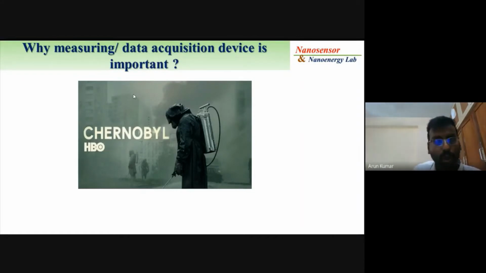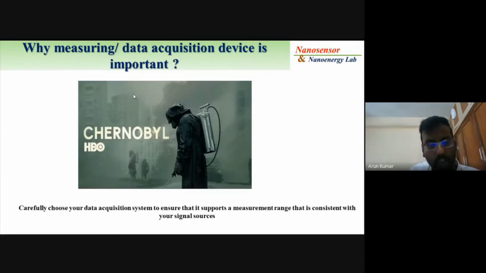So who is wrong there? The person did not know how to handle the instrument. Whenever you go to measure something new that may have a higher value, you should be equipped with a measuring or data acquisition system which can capture that data, because signals have different frequencies.